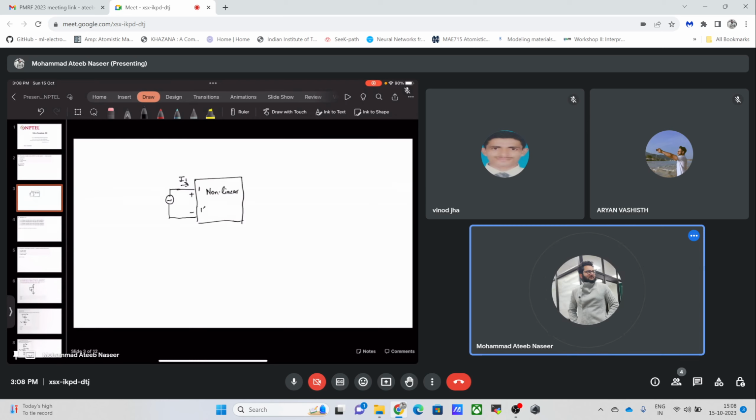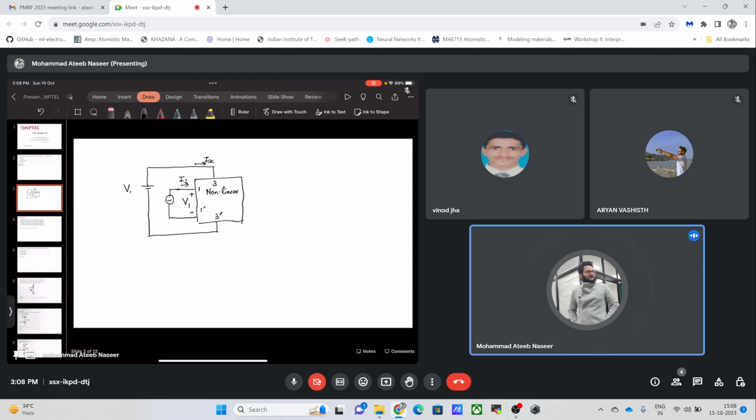This will be the input voltage at the terminal 1 1 dash. For biasing, I am having another terminal 3 and 3 dash, which is for this DC biasing. This is our IDC, the DC bias.